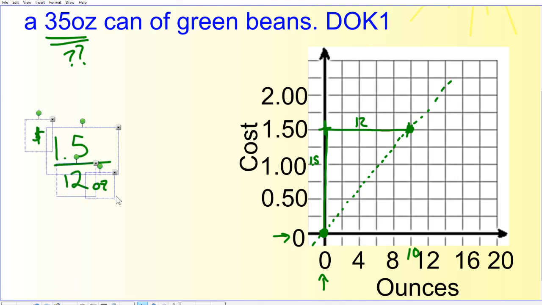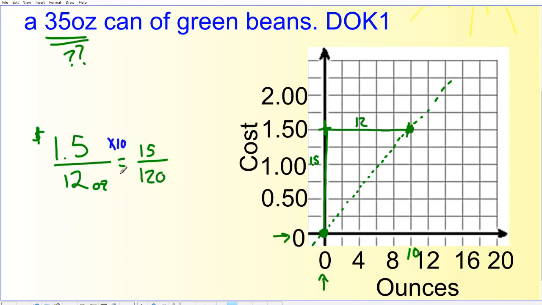Well, this is kind of an ugly slope. We could make it a little bit prettier if we got rid of the decimal. So we could say if we multiply top and bottom by 10, that would give us 15 over 120.